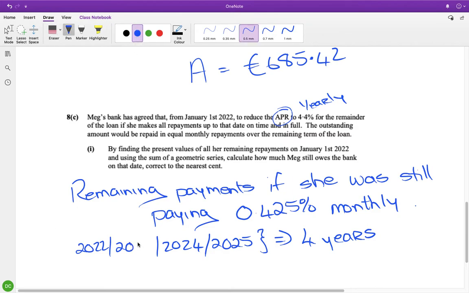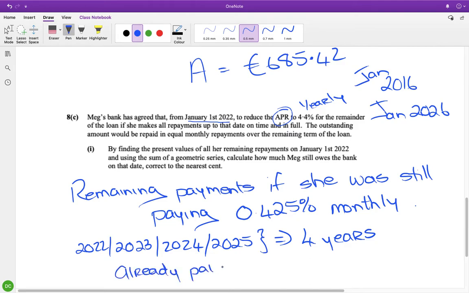Okay, so she started the loan in 2016, and it's a 10-year loan, which brings her up to January 2026. So it's January 2016 up to January 2026. So her last payment will be made December 2025, essentially. In January 2022, there's 4 years left, which means she has already paid 6 years of the loan.